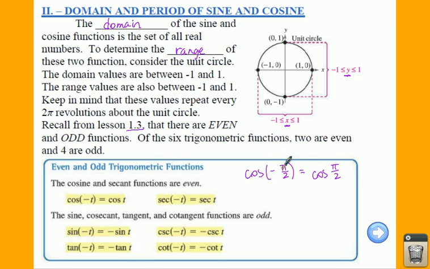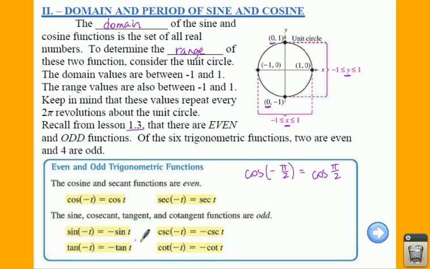If you look at the cosine value at negative pi over 2, you go around the circle down here. That is a 0. Well, it's going to be the same value if you go around your circle up here. Notice that.